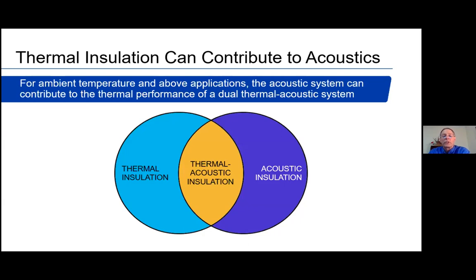If your acoustic insulation material has thermal properties, when you're looking at a combined thermal and acoustic insulation system, you can kind of do the marriage between the two, reduce the possible thickness of the combined system by taking into account the thermal performance of the acoustic system and the acoustic performance of the thermal system, and reducing the individual thicknesses of each.